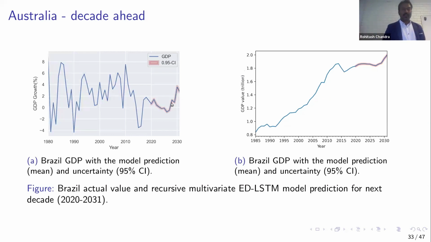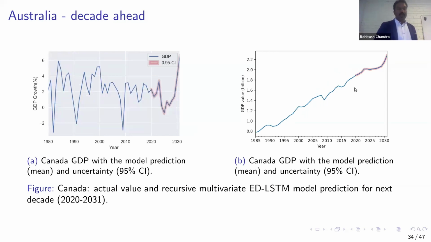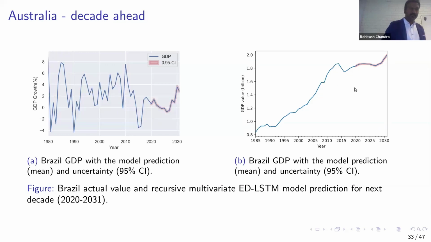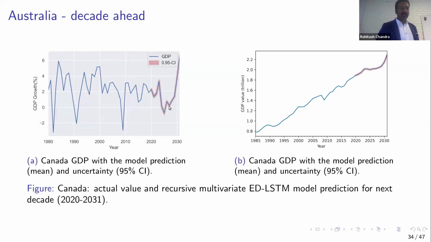And on the other side, we have the GDP value, right? The GDP value of Brazil and all of these countries, Australia, Brazil, and you see this is Canada going down, and then it will go up for the case of Canada.